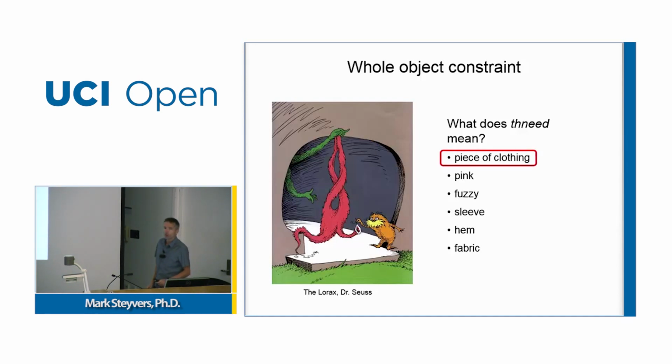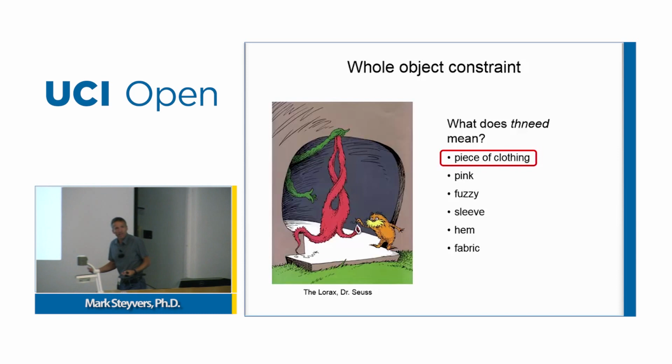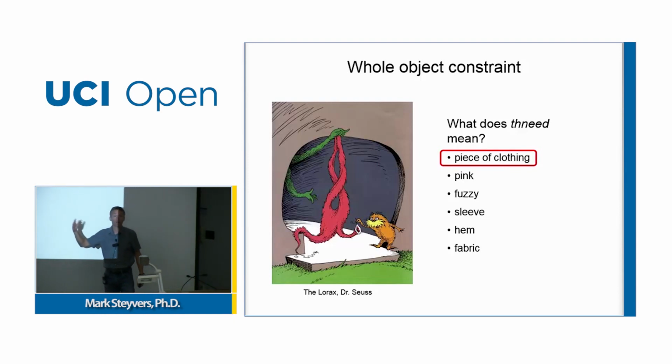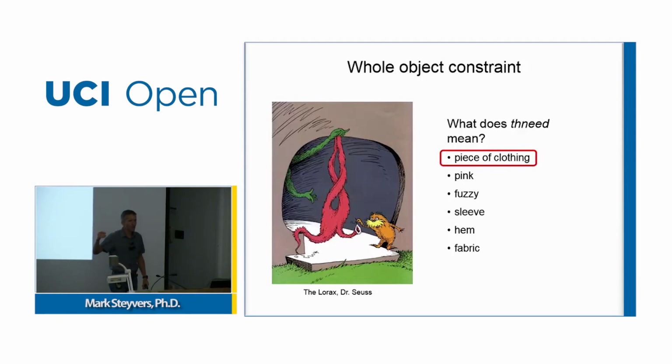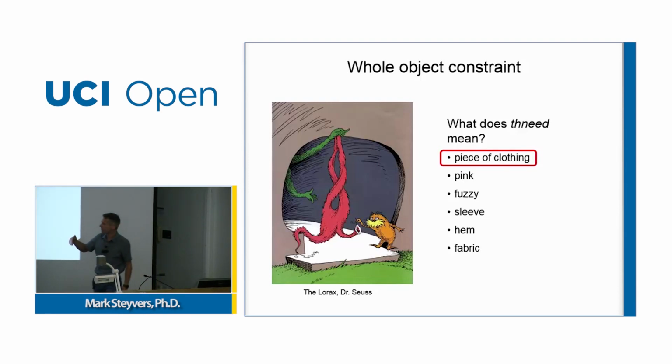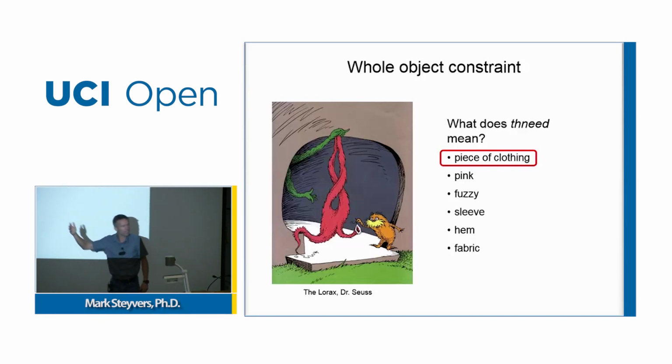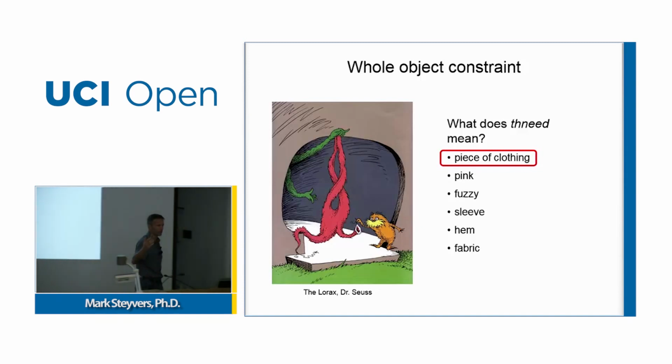Well, it's probably a piece of clothing. It's probably something whole, and not some aspect of the object, like the fact that it's pink or fuzzy or it has a sleeve or there's a hem or that it's made out of fabric. So the whole object constraint says it's probably the whole object and not some substance that makes up the object or some aspect of it.